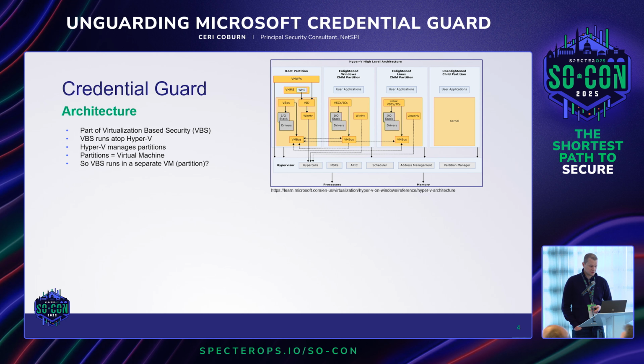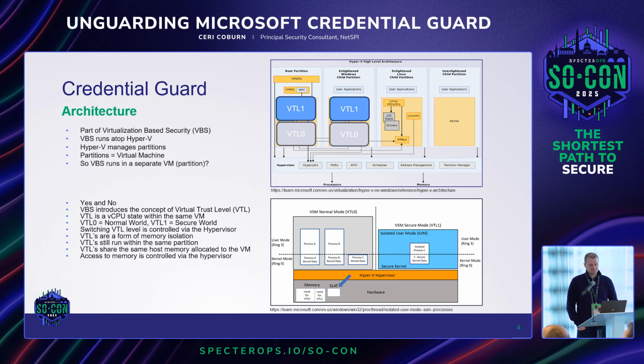So is VBS a virtual machine? The answer to that is yes and no. VBS still runs within the root partition, but it does use the hypervisor to control access to the virtual trust levels that are running within the hypervisor. Currently there are two, VTL0 being the least secure, VTL1 being the secure world. If Microsoft do decide to bring in new levels, obviously you'll have a VTL2 and 3 and so forth, but there is only 0 and 1 at the moment.